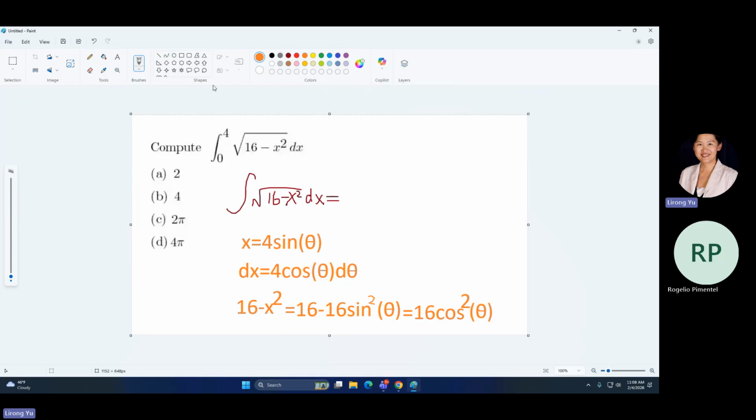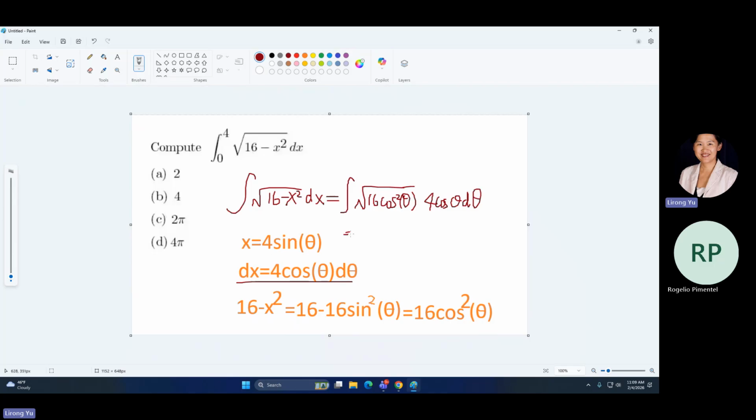So now we're ready for the substitution. For the question, we're just working on the integration, we don't need the numbers yet. Inside the root, we actually have 16 cosine squared theta, and for the dx, 4 cosine theta d theta. So it's multiplied by cosine theta d theta.